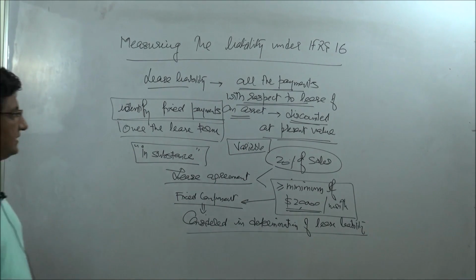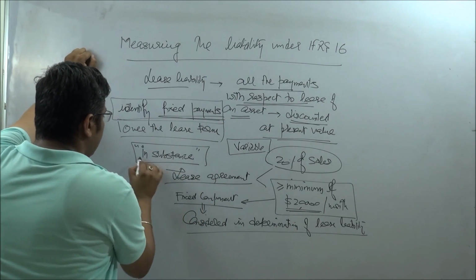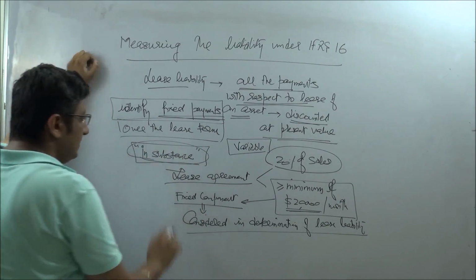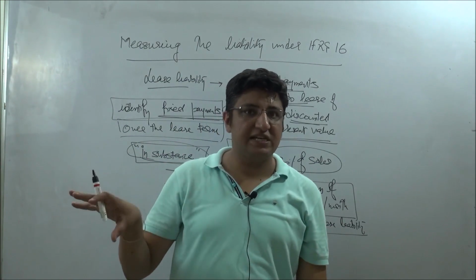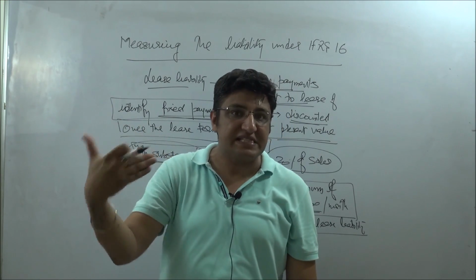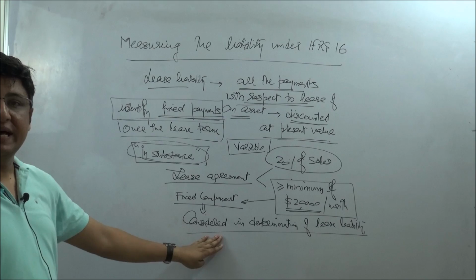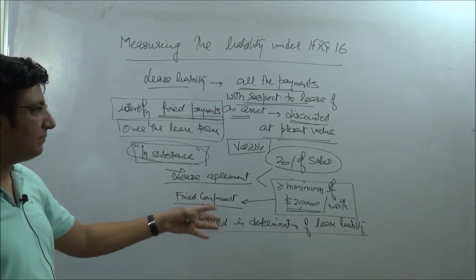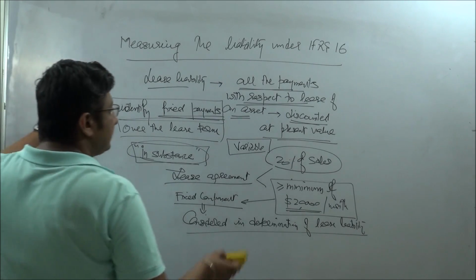So what we are saying is something which is fixed in nature, or at least in substance, a certain fixed consistent amount that would always be paid, should be considered as a part of your lease liability, right?